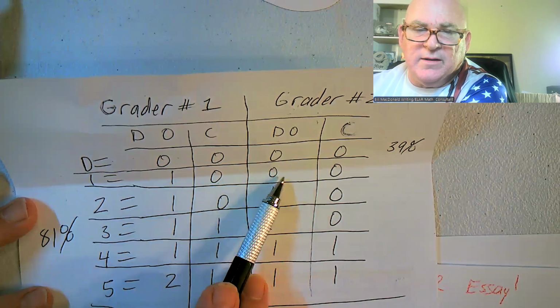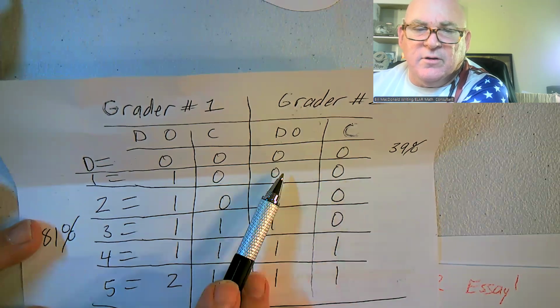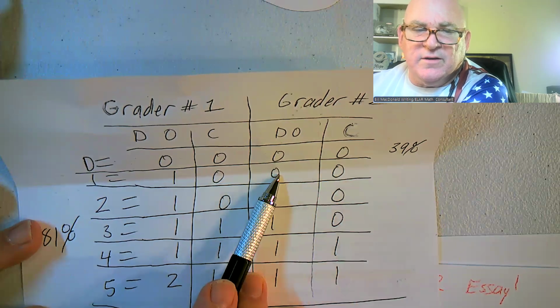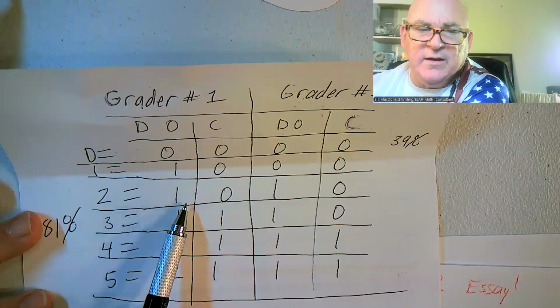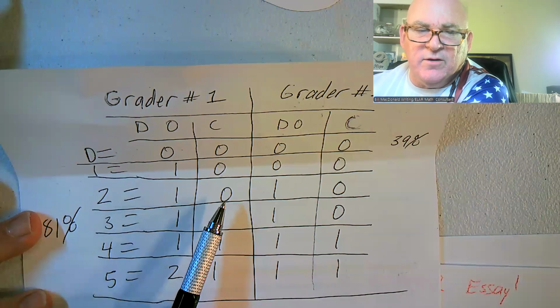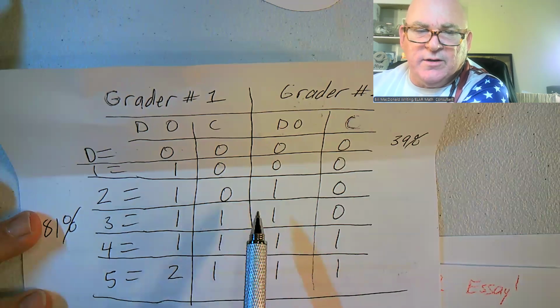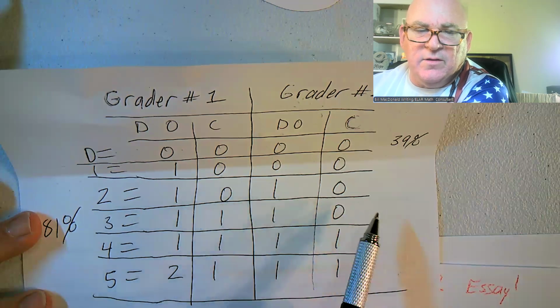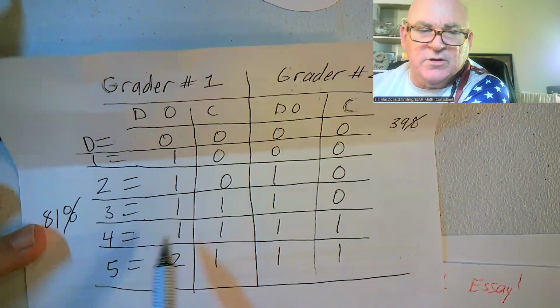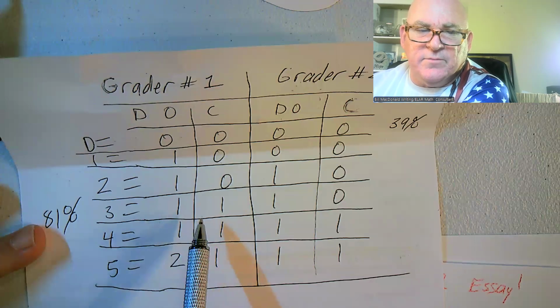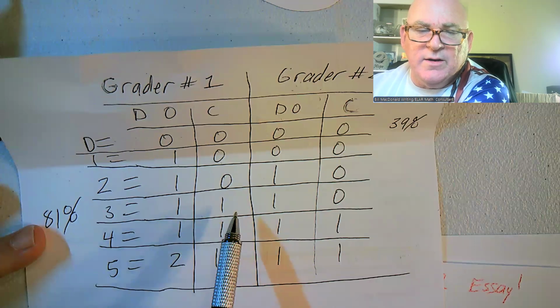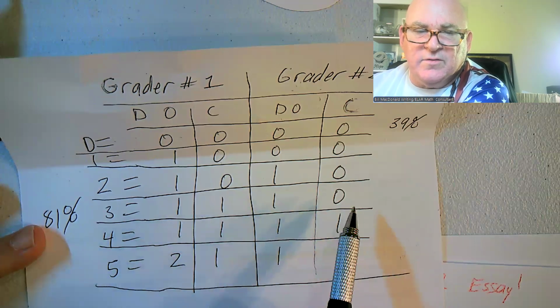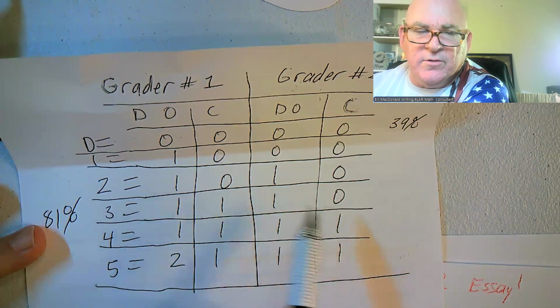And as you know, you automatically get a 0 if you get a 0 in organization and development.